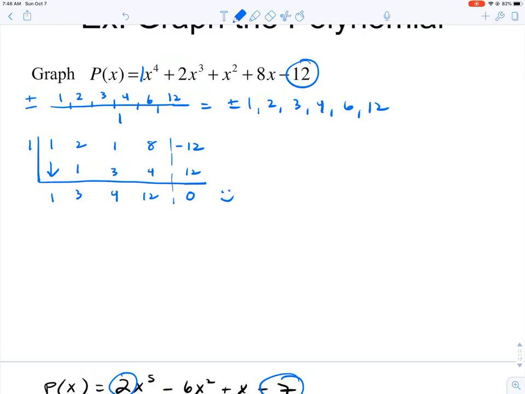Some people also use the strategy of, for example, if 1 worked, they'll test 1 again to see if it's a repeated factor. It's kind of up to you on what strategy you want to use.